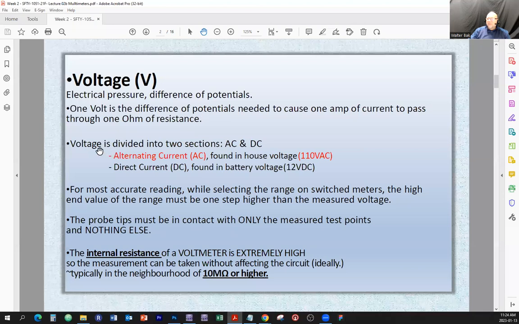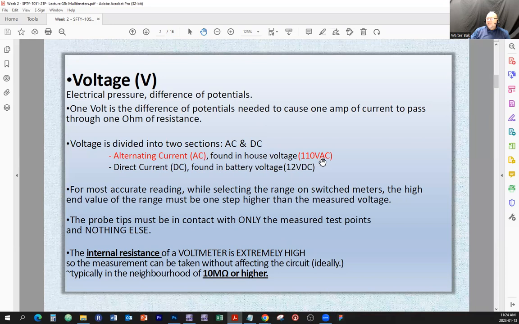Voltage is divided into 2 sections, AC or DC. Alternating current, direct current. By now, we should know what the differences are between AC and DC. Alternating current, AC, is found in household voltage.